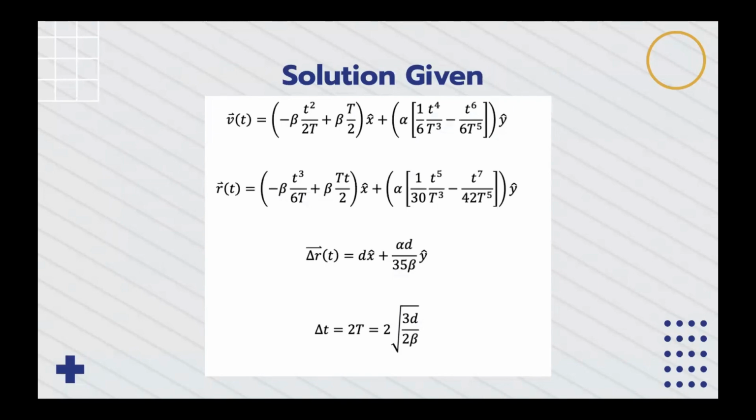And this could be modeled with the 2 bottom equations here, with delta r, which is equal to d x plus alpha d divided by 35 beta, and then delta t, which is equal to 2 big T equals 2 square root of 3d over 2 beta. These would become beneficial in figuring out the final position and how the helicopter's motion behaves during the equation.